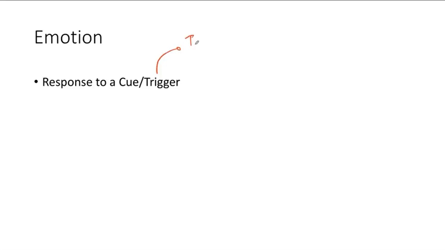In terms of the basic definitions for emotion, first of all, we need to know that when we talk about emotions, we are talking about a response to a specific cue or trigger. That specific cue or trigger could be internal or external.